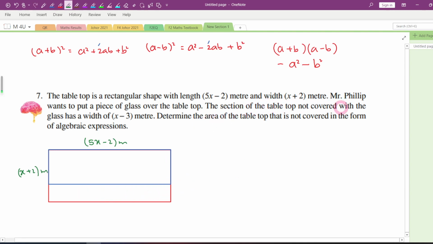So the section of the tabletop not covered with the glass has a width of x minus 3 meters. This is what is meant by the question. Determine the area of the tabletop that is not covered, in the form of an algebraic expression. It means that we want to find the area for this part, the area of the tabletop which is not covered.